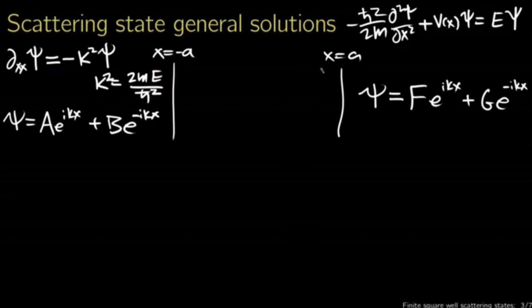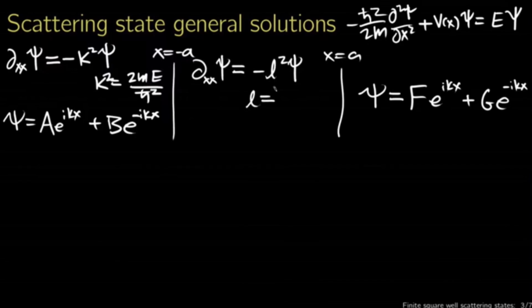It's going to give us essentially the same sorts of solution though, but I'm going to write them slightly differently. Our overall Schrödinger equation will become, as before, the second derivative of psi is equal to minus some constant times psi, but the constant is going to be different.